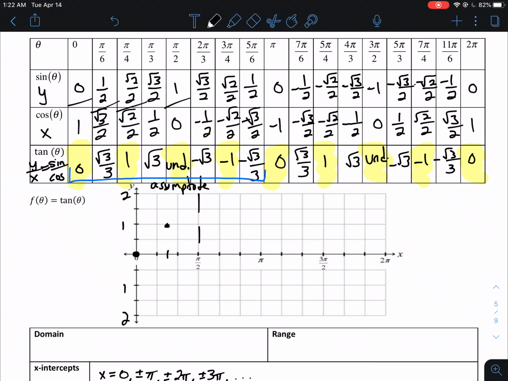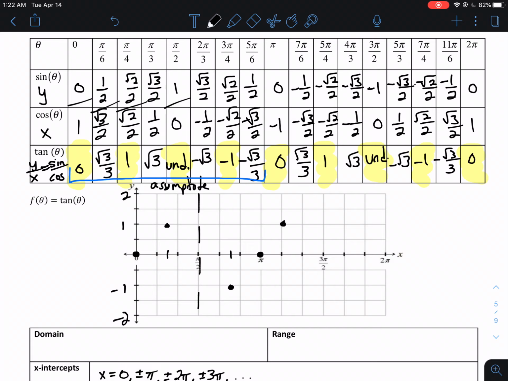We mentioned that that's going to then be an asymptote, so I'm going to draw that in as so. At 3 pi over 4, which would be halfway between pi over 2 and pi, we're now at -1, so that would be right here. And then at pi, we're at 0. And at 5 pi over 4, we are at +1.